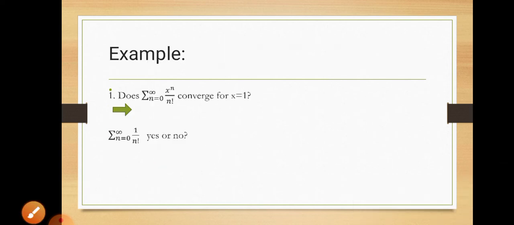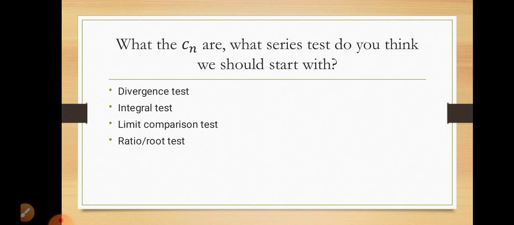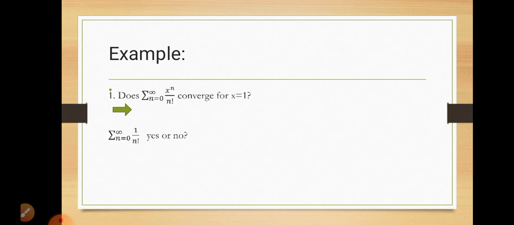So for example, does the summation of n equals 0 to infinity of x to the power of n over n factorial converge for x equal to 1?